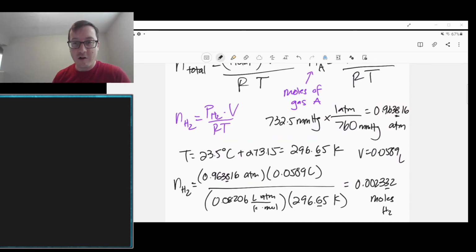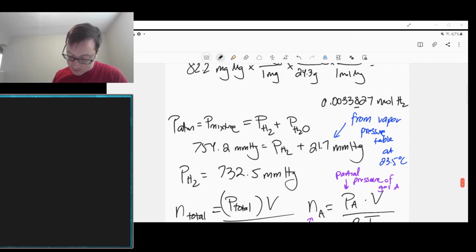So all this work was to figure out the percent yield of this reaction, right? So in actuality, we got 0.0023. Theoretically, we got 0.0033. So luckily, we have found here that we did not actually produce as much as we wanted or thought we could.